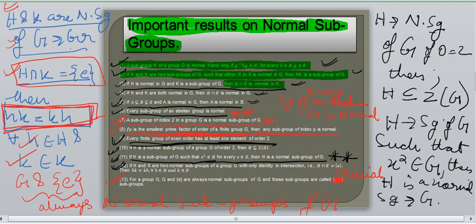That is the correct spelling, students. These two subgroups are called trivial subgroups of G.